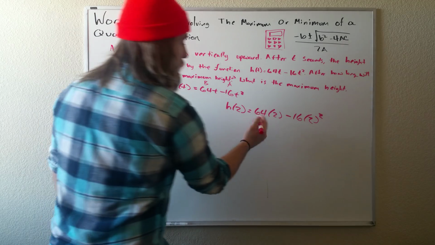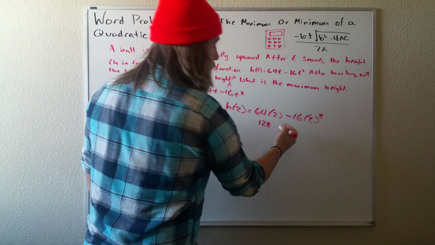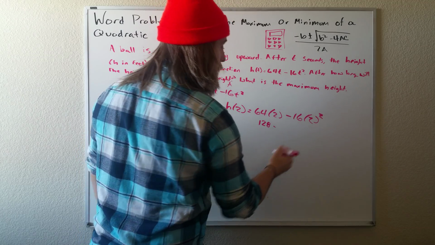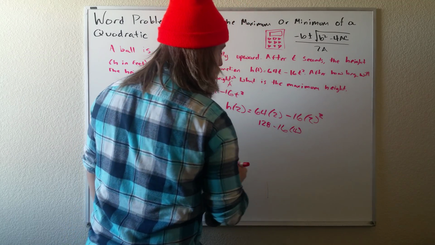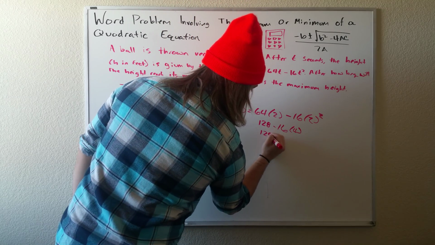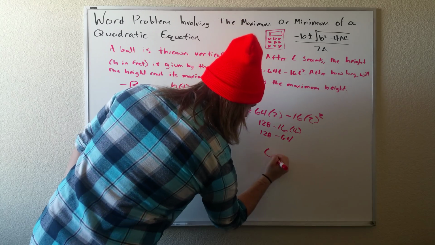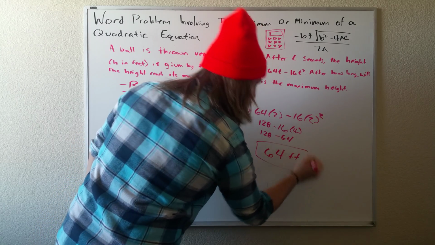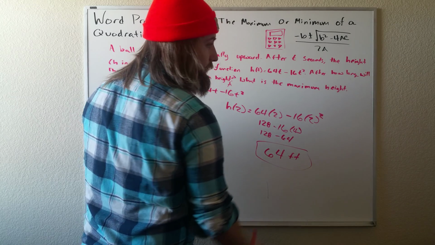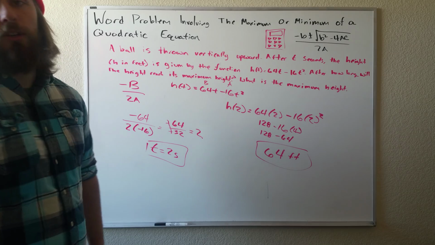Alright, now we just multiply it out. 64 times 2 is 128, and then minus 16 times 4, which will be 128 minus 64, so our final answer is 64 feet. Make sure you put the units if you're not plugging it into Alex, because a lot of instructors mark that wrong.